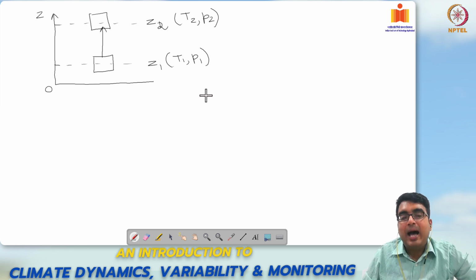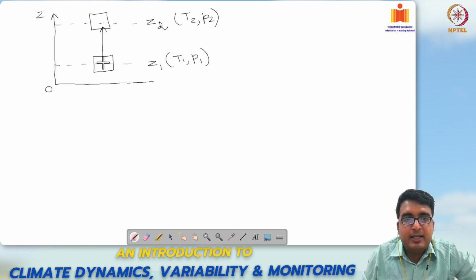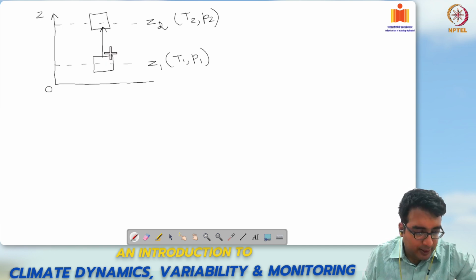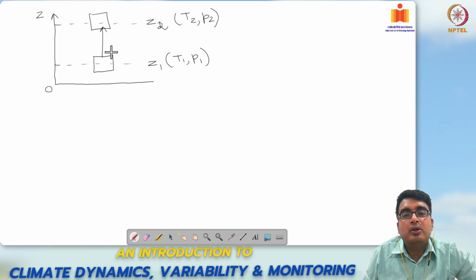However, because this parcel of air has moved swiftly to this new altitude Z2, it has not yet thermally equilibrated with its surroundings, so it has a different temperature than T2.